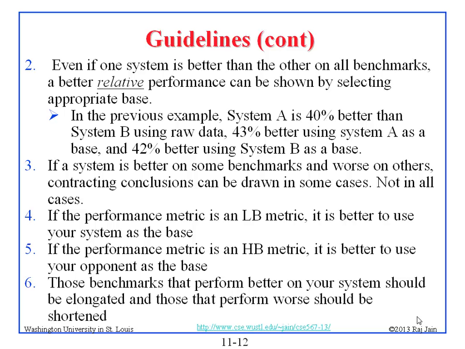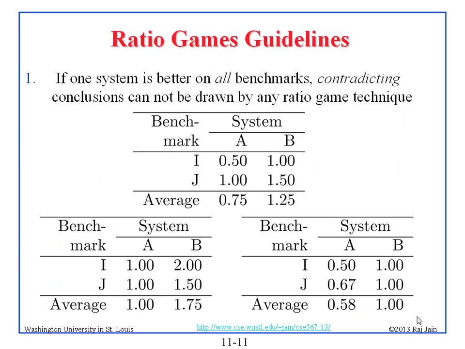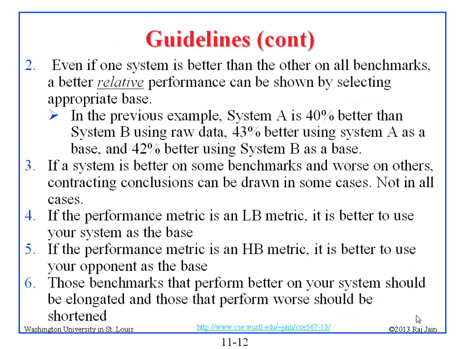So the example that we had before right here, if you just took the average, you will say 0.75 to 1.25, or 1 to 75, or 58 to this one. So this one looks like 40%. You divide the change, which is 0.42, by whatever your base is, and so on and so forth. So this one can be played by what you take as the base.